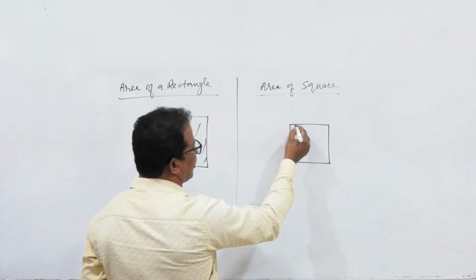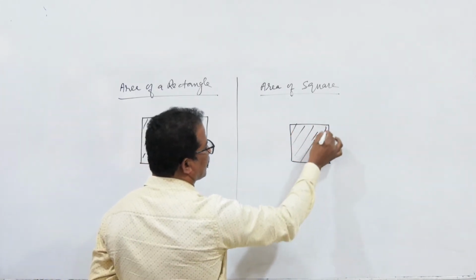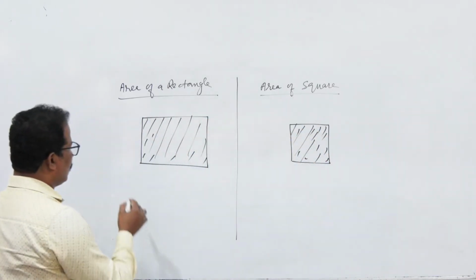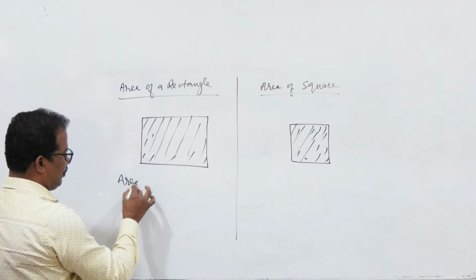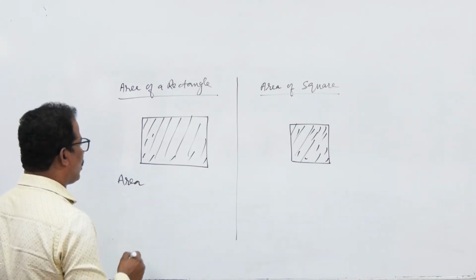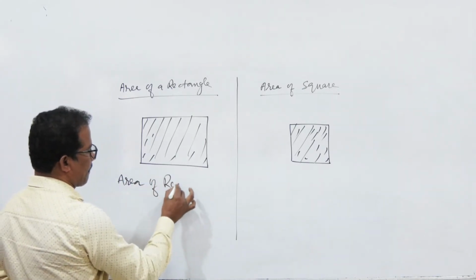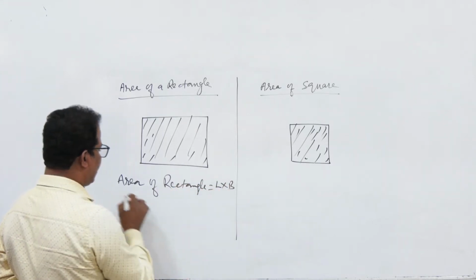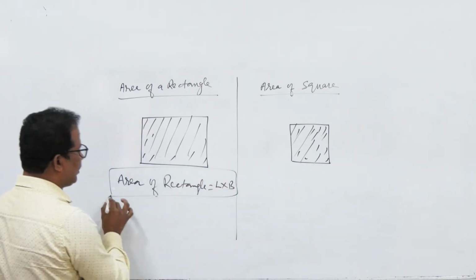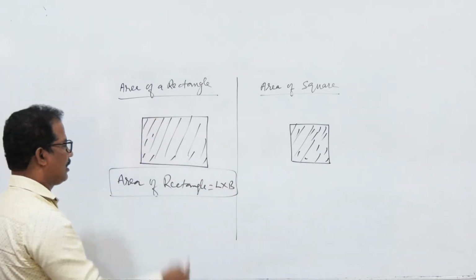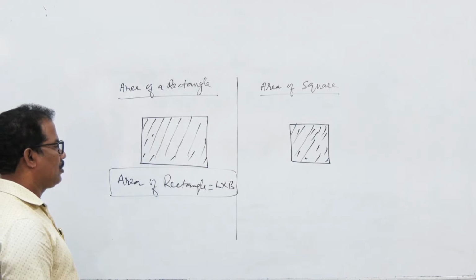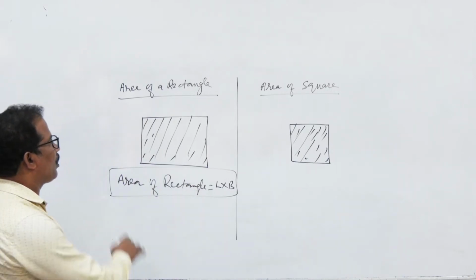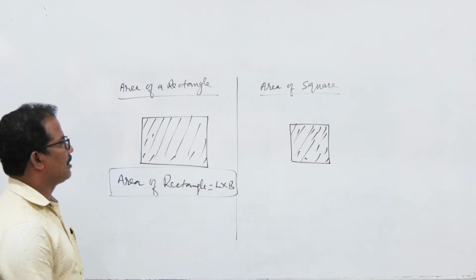Similarly, for the area of a square, it is how much space is occupied by this diagram, which is a square. Okay? The area will be found by using a formula. The area of a rectangle is obtained by length into breadth. This is the formula for finding the area of a rectangle: area of a rectangle equals length into breadth. This formula will be used in the next exercise for all the questions based on rectangles.